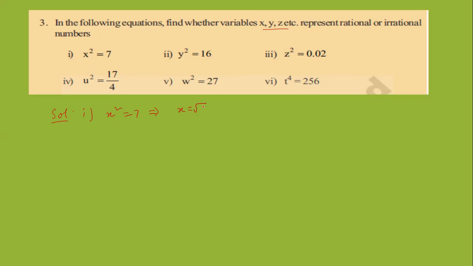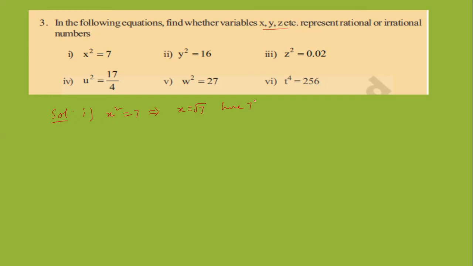So first one, it is very easy for us. x square is equal to 7. You may rewrite this as x equal to square root of 7. When you transfer the square symbol from left to right, you may write like this. Here, what do you say about 7? 7 is not a perfect square.